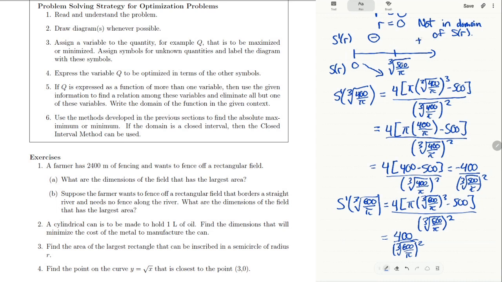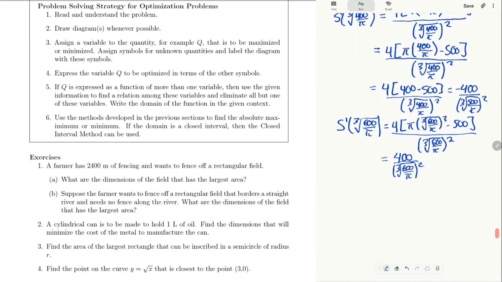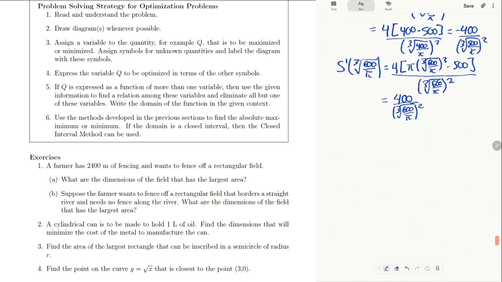This tells us that the function is increasing from the cube root of 500 over pi to infinity. So using the first derivative test, we know that the cube root of 500 over pi is an absolute minimum.